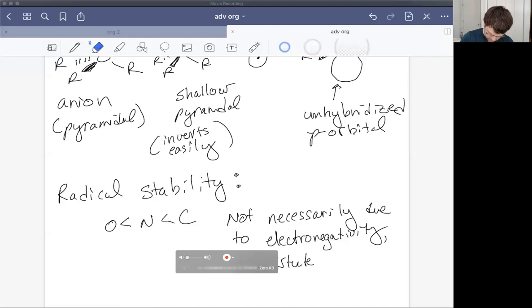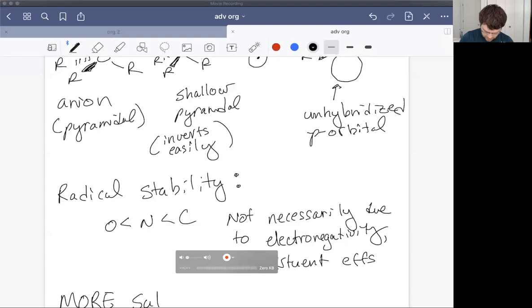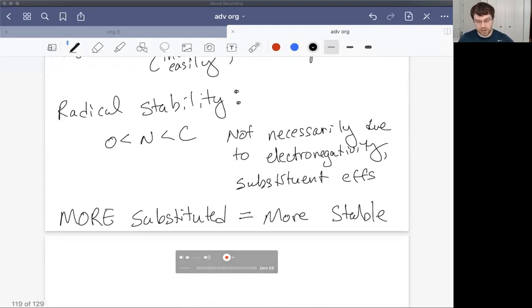Substituent effects, where more substituted is more stable. And that's the case here, just like it was with cations, because the radicals are electron deficient centers. So more substituted, more stable, because radicals are closer to carbocations than they are to their neutral carbon counterparts. They're electron deficient.